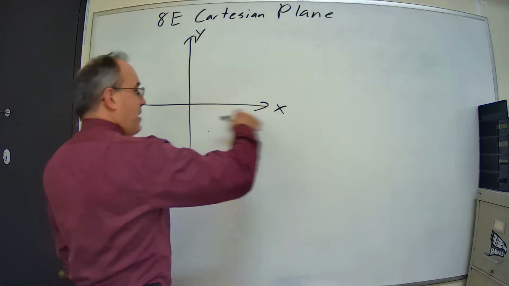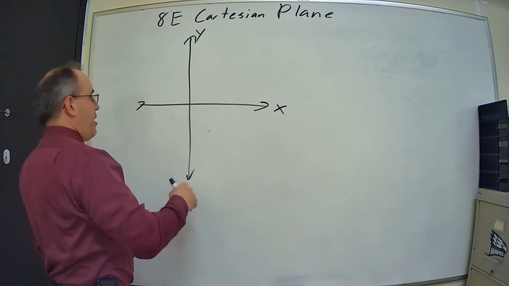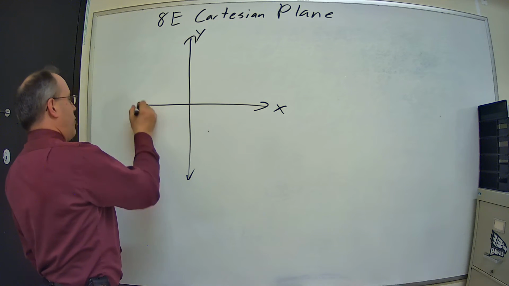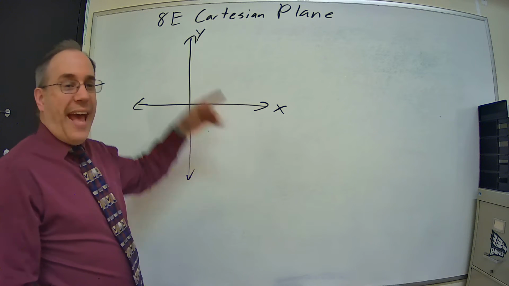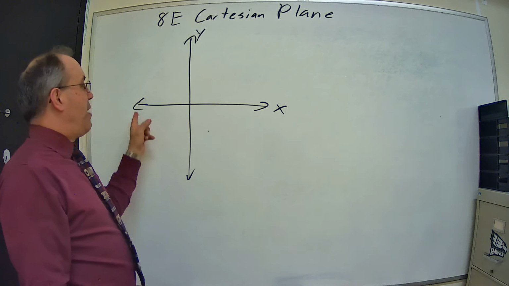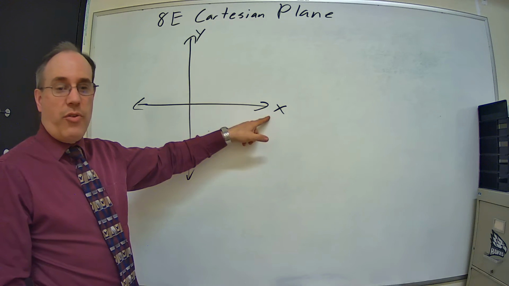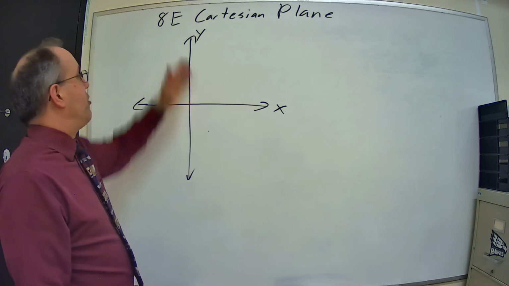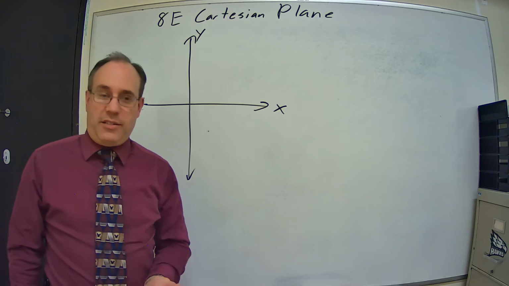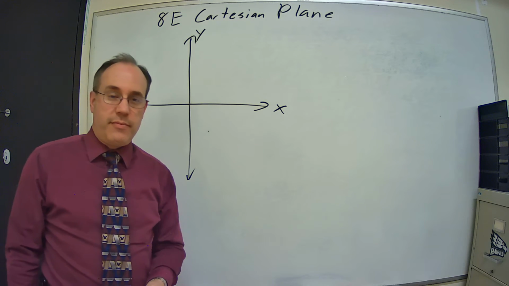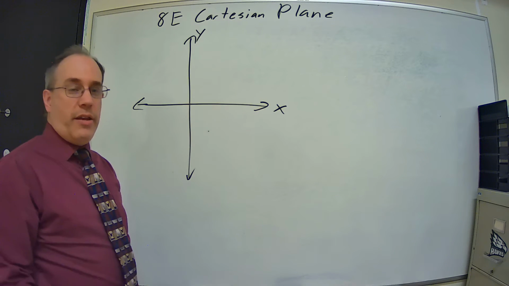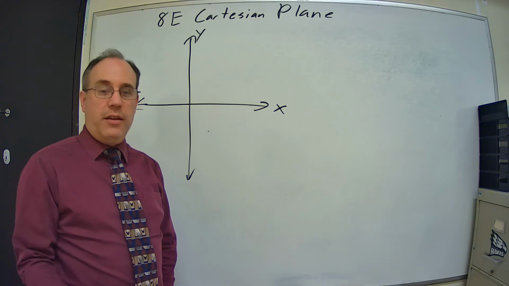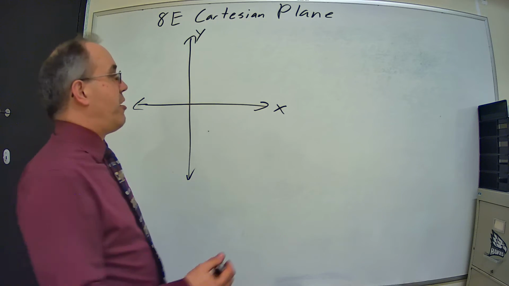It has an x-axis, so these arrows that are done here, which for some reason that arrow, I drew it the wrong direction. Okay, but these are called axes. You have the x-axis, or the horizontal axis, and the y-axis, or the vertical axis. When we plot things on a Cartesian plane, we use ordered pairs.